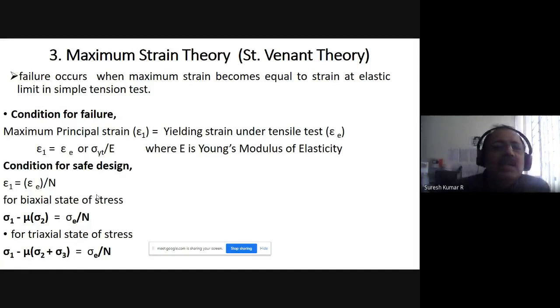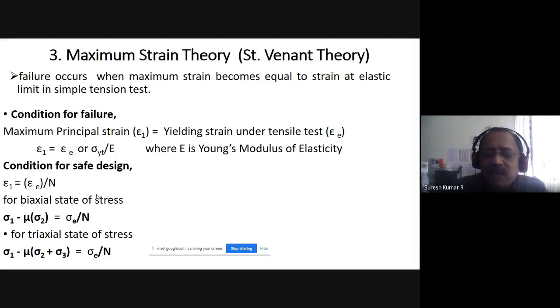The third theory is the maximum strain theory. According to this theory, when the maximum strain induced in the material becomes equal to the strain at elastic limit during the simple tension test, then the material undergoes failure. That means the maximum principal strain is epsilon 1. If epsilon 1 becomes equal to epsilon E, then the material will undergo failure. To keep it safe, we have to divide by the factor of safety n.